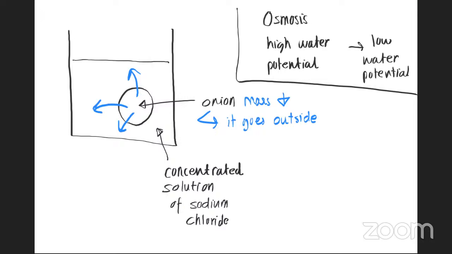I'll give a hint: one is movement against the concentration gradient versus down the concentration gradient, and the other is about energy. It's just two features about that.